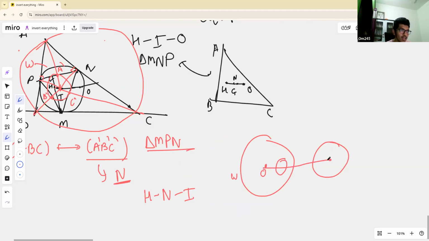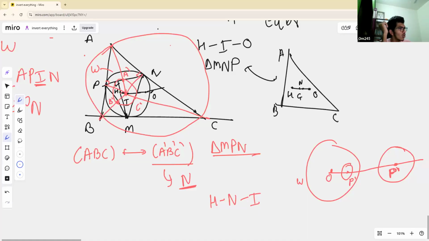Centers do not map to centers, but we know that the center will map onto a line. If P is the center, then P dash should lie on line OP. So the image of O should lie somewhere here, O dash.